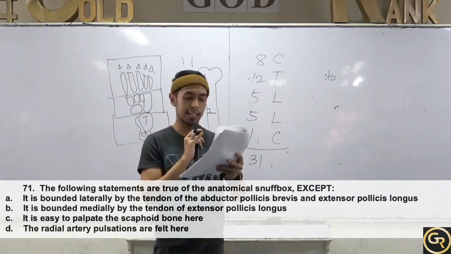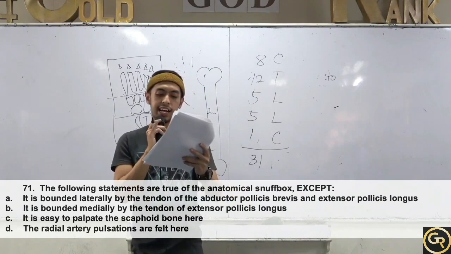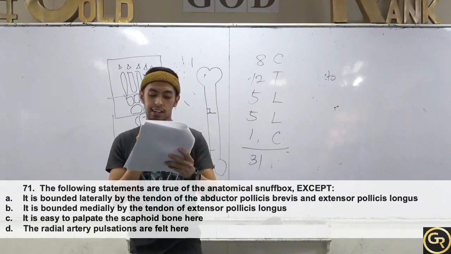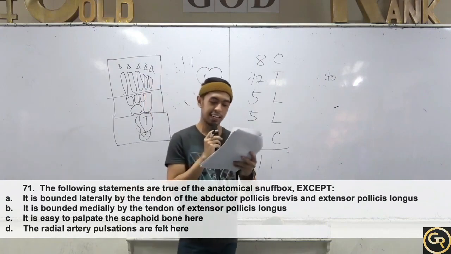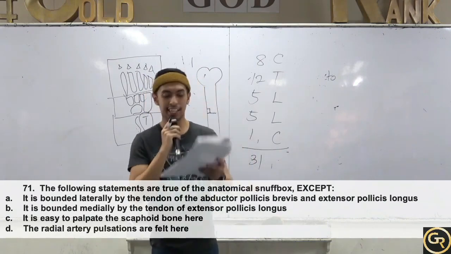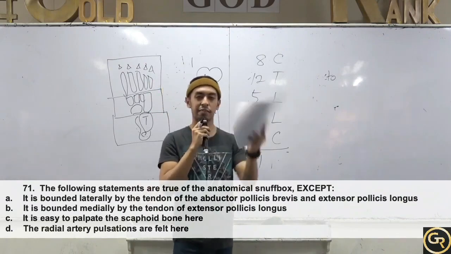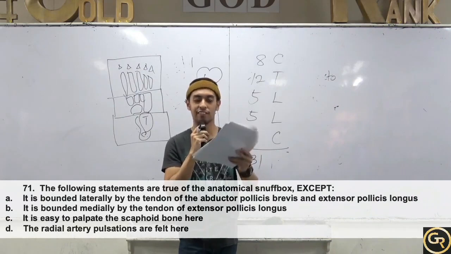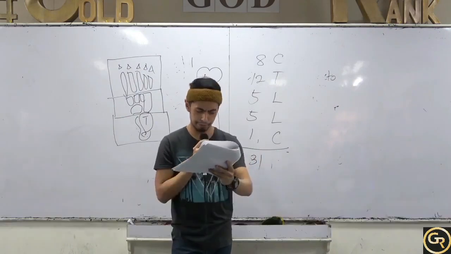It is bounded laterally by the tendon of the abductor pollicis brevis and extensor pollicis longus. Okay? Parehong baliktad. It should be the abductor pollicis longus and extensor pollicis brevis. Dapat vice versa yung longus and brevis. Okay? Baliktad. So for 71, it's apple.